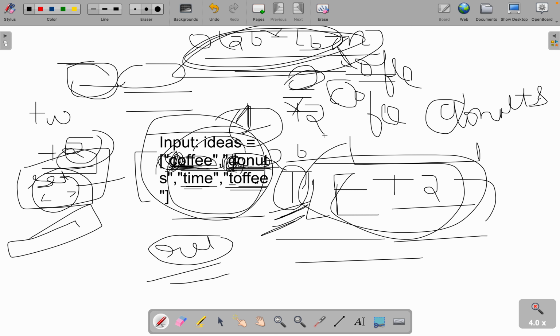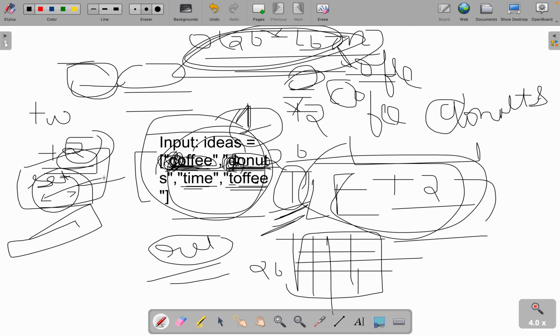Okay, and if we try to form a matrix of 26 into 26 letters, and for each valid swap, that is, if we try to traverse 26 times for the first one, and if the resultant word is not present in the set of the strings of ideas, then we will increment that one by plus one.